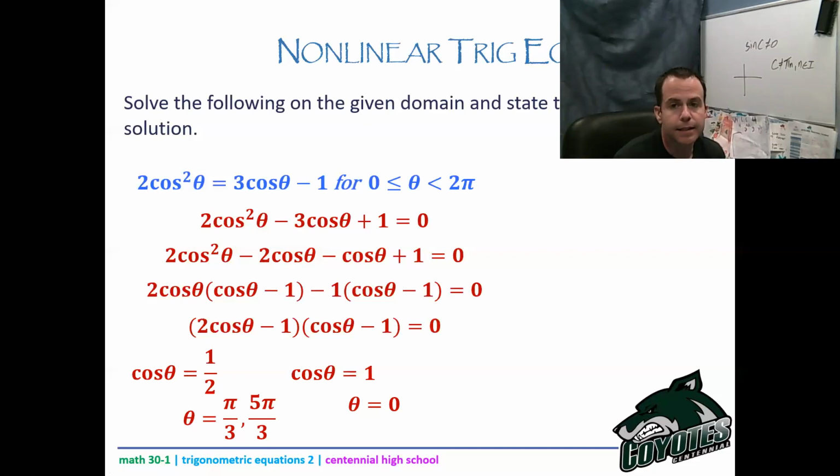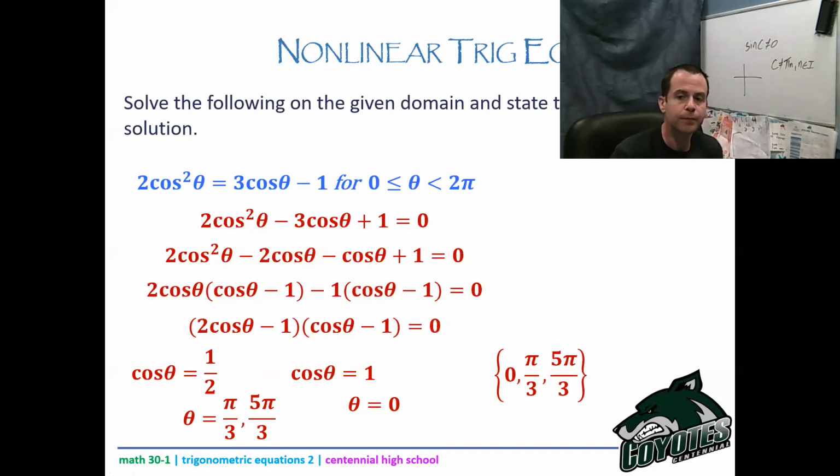I'm looking at 0. Now I'm also looking at 2 pi. I just ignored it because I knew right away, if I go back, to remind you, in my restrictive domain, I can't actually be 2 pi. That's why I just said 0 there. So I'm looking at 0, pi/3, and 5 pi/3 as my answer within that domain.